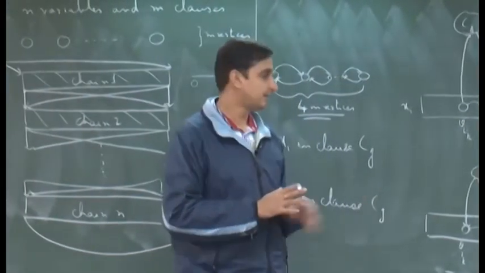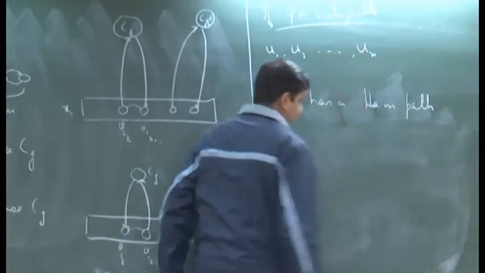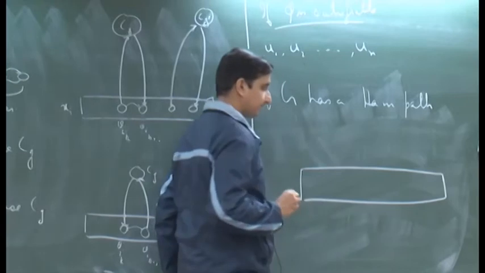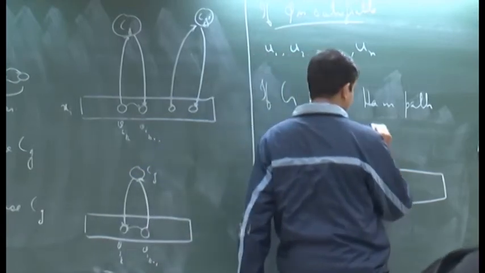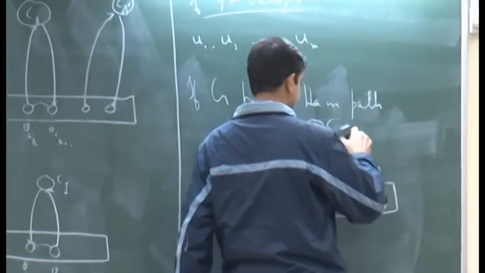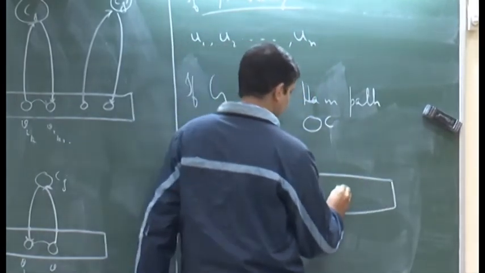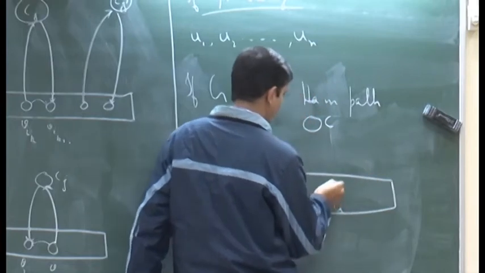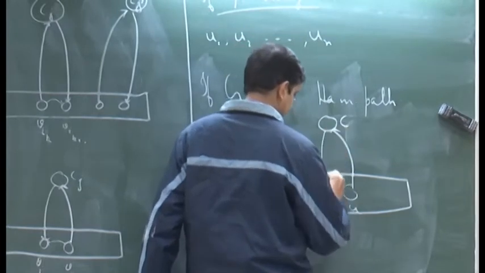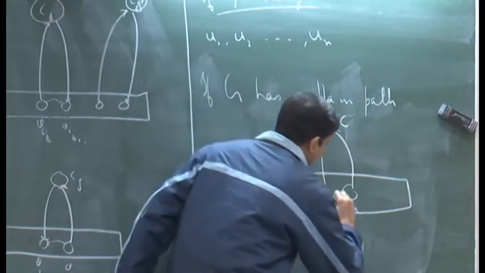Yeah. So, let me just draw this a little more clearly. My claim is that if you are in some chain I, and you climb to a clause, let us call it C, from some vertex u, then of course, you have some edge coming back here to a vertex V and you have edges like this.